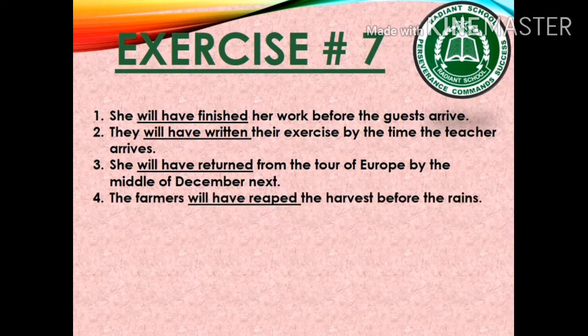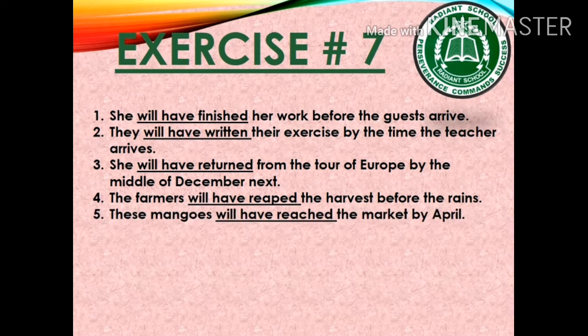The fourth sentence is: the farmers will have reaped the harvest before the rains. In this sentence you can again see the combination of future perfect and present indefinite tense. Yes. The fifth sentence is: these mangoes will have reached the market by April. By is the keyword for future perfect tense.